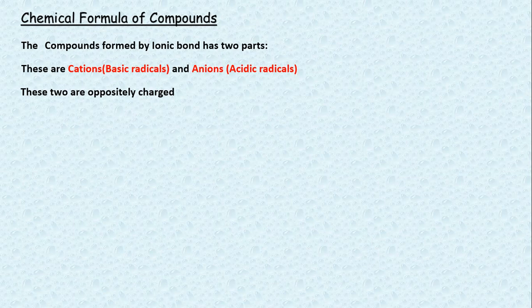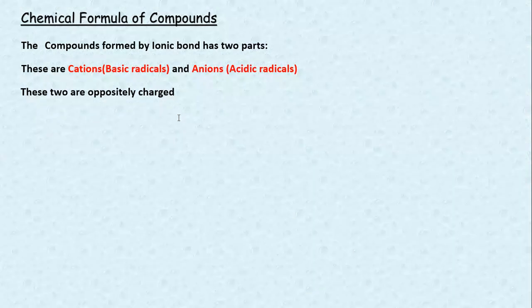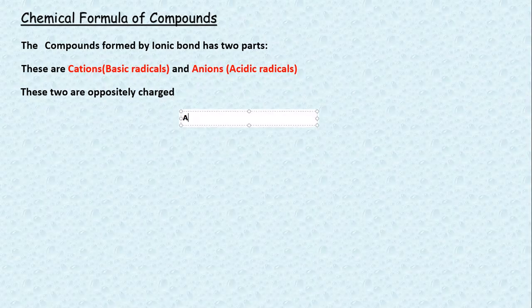So students, I have a trick for you all to remember the charges. Anions, I am just writing as A-N-I-O-N-S. So what is this? A, N is negative, and ions I'm writing as it is.